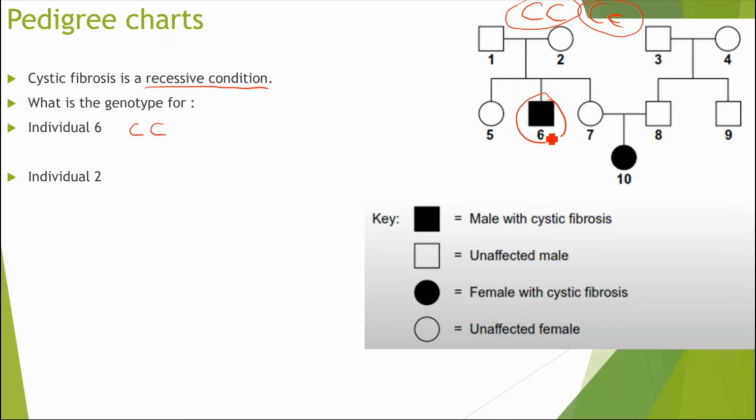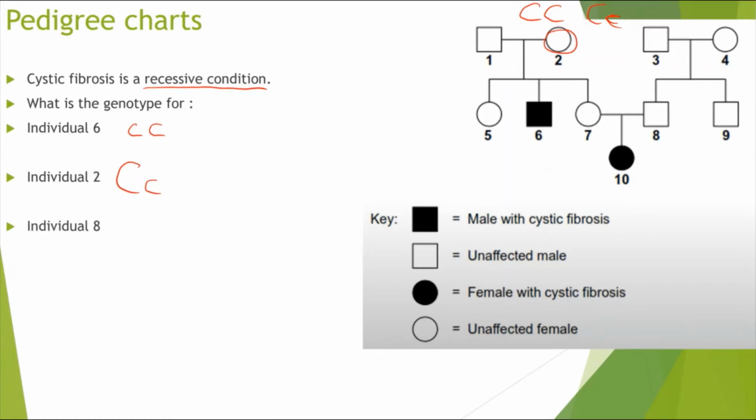This was individual 6, which we have looked at, so they have the genotype lowercase c, lowercase c. Now to get that, my parent must be heterozygous because they are not affected, but they must be the carrier for the disease. So that's why I know that individual 2 will have the genotype capital C lowercase c.